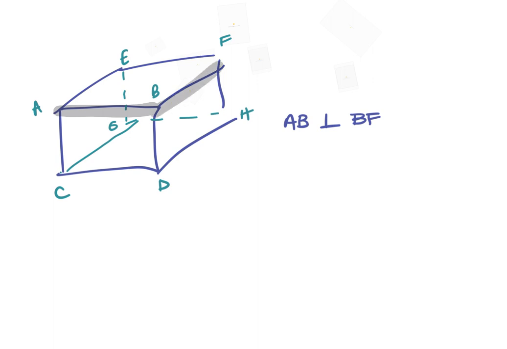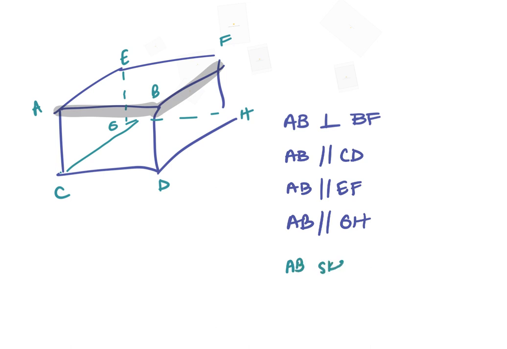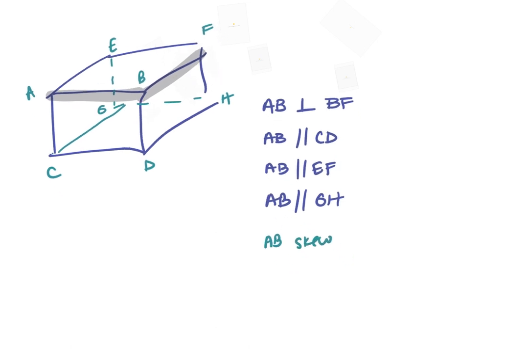That would be a right angle. AB would be parallel to CD, or AB would be parallel to EF, or AB would be parallel to GH. And then AB would be skew to like DH, something that runs in a different direction on a different plane.